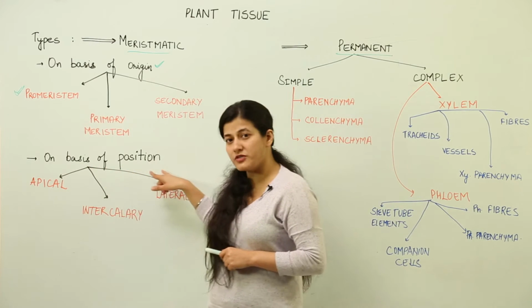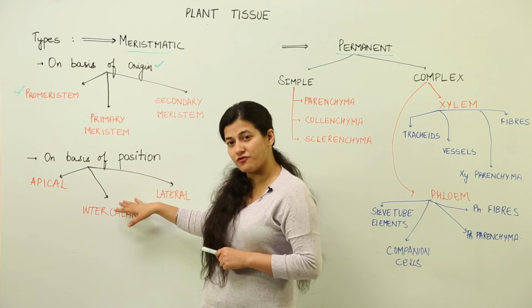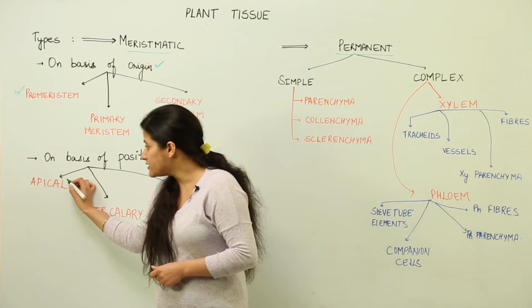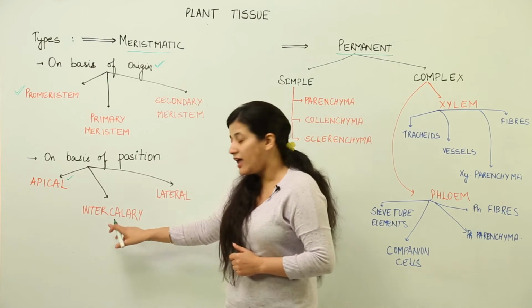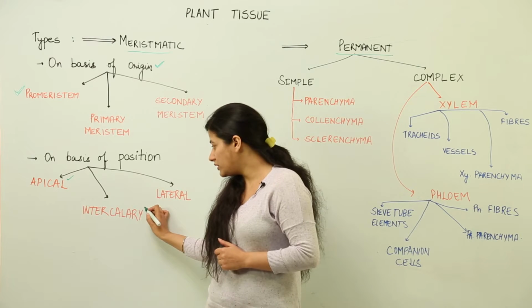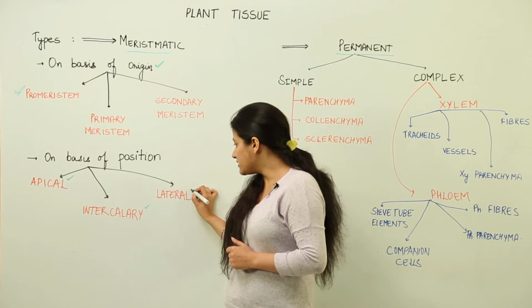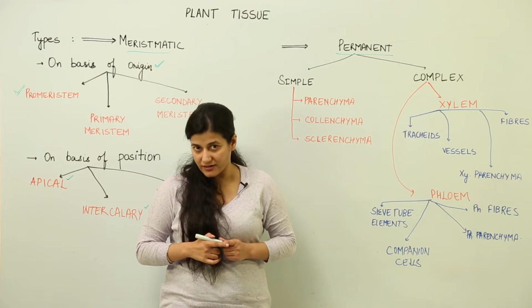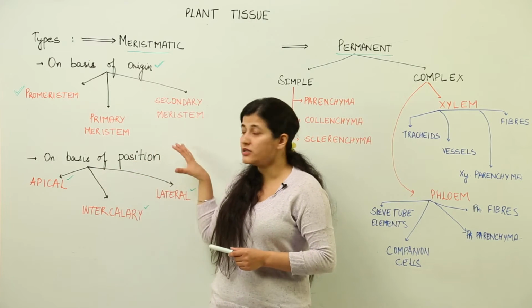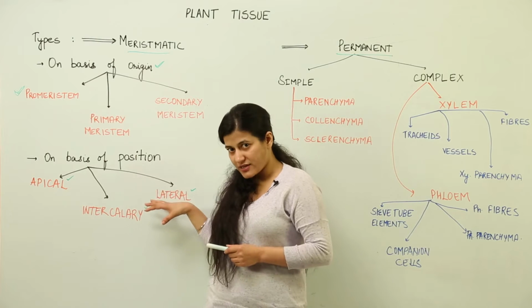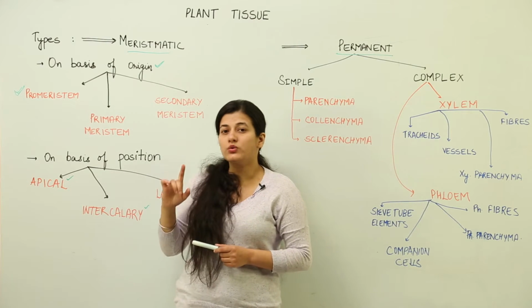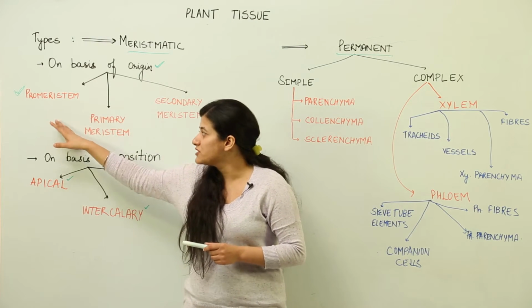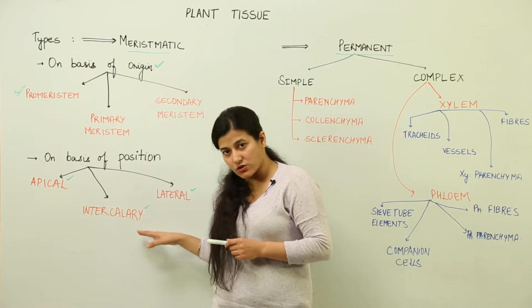On the basis of position, then there are three types of meristem again. Apical meristem, which is situated at the apex, intercalary meristem, which is found in the grasses, and the lateral meristem, which is responsible for increasing the girth of a plant. So there are in total 6 types of meristems, as you can see, but please don't confuse it that this is a different type, this is a different type and these types are totally different.